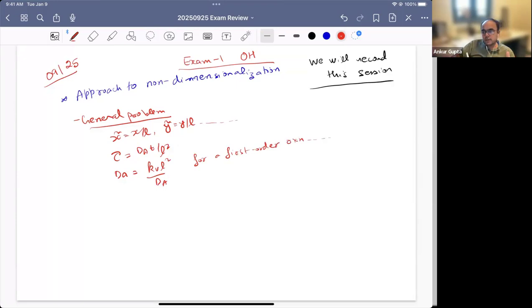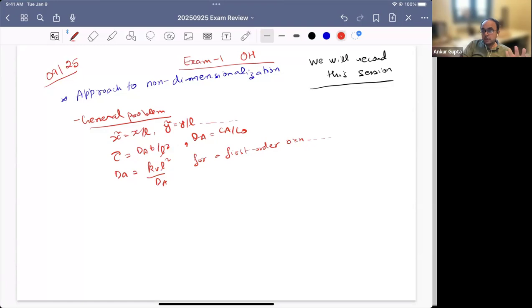For a second order reaction, it would be k V C naught L square by dA and so on. Obviously, there is also theta A is CA by C naught. So typically you pick one length, one diffusivity, and one concentration, and you stick to it everywhere, for all the variables.